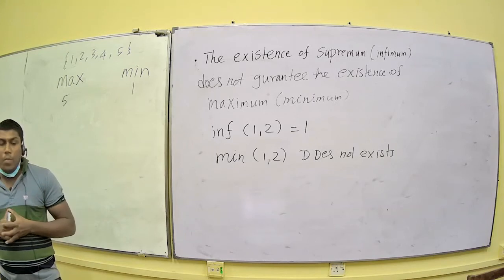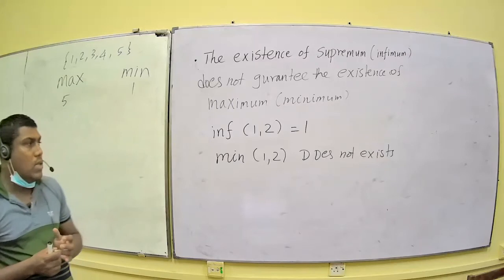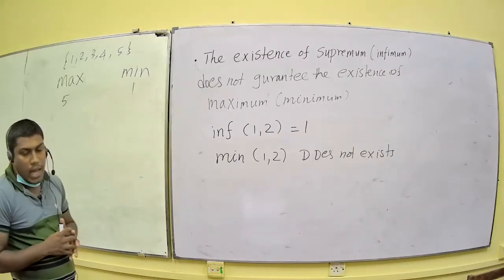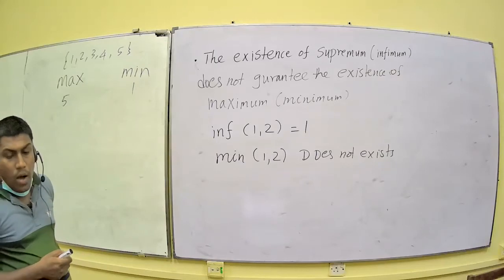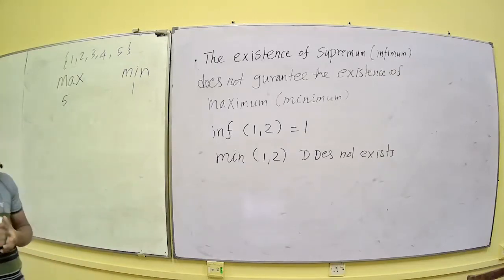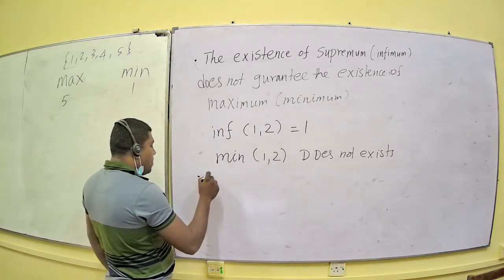So this is another important note you should keep in mind: existence of supremum does not guarantee the existence of maximum. Okay, so now we have built up enough to get to the important point, the completeness property.